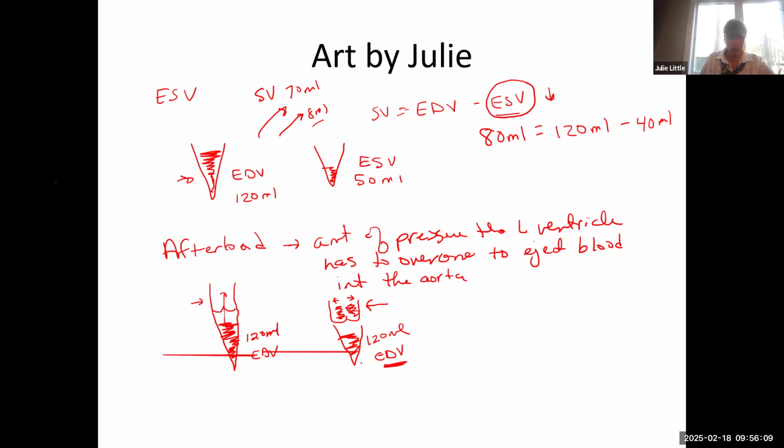Here we're looking at diastole. At the end of diastole, or during ventricular diastole, it doesn't have to be even at the end. What is the pressure that the aorta is experiencing?